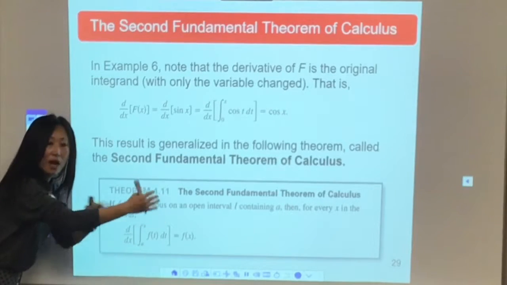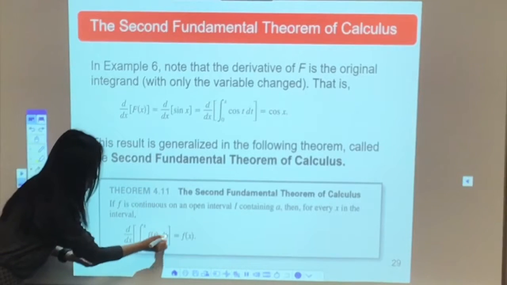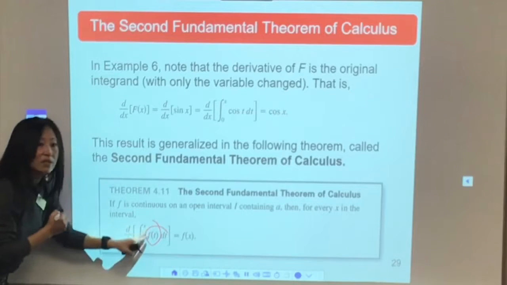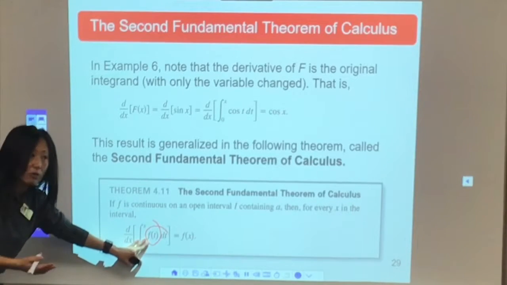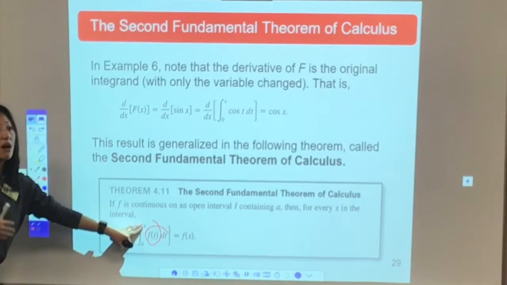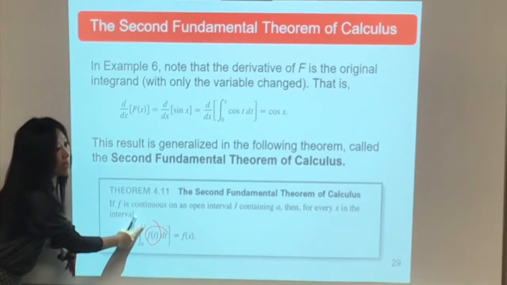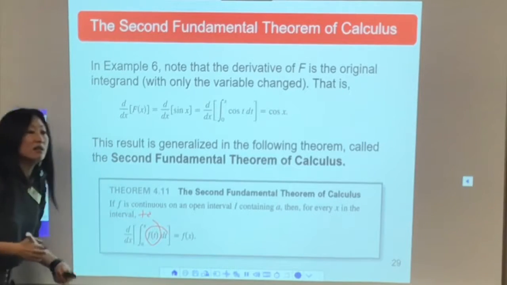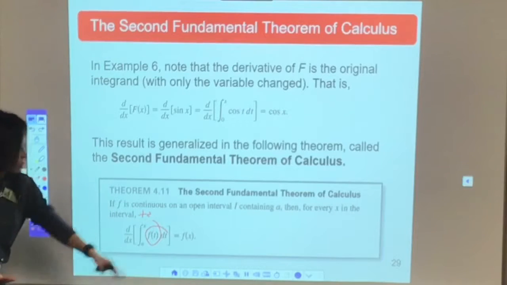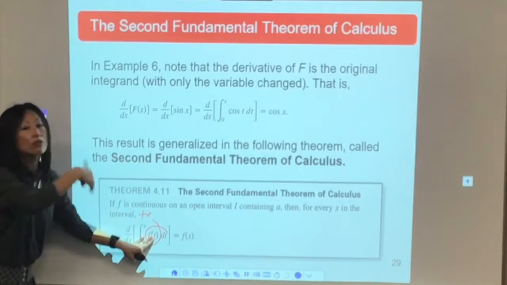Antiderivative and derivative are opposite to each other, they cancel each other. So what are you left with? On the inside, it has t, but I have to replace that with x, because now I'm using x. So this is just x, and the derivative of x is 1. But if this were x squared, then you have to do 2x. So you plug in x, and then you take the derivative of whatever that is, 2x.